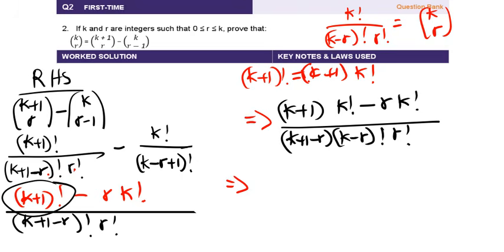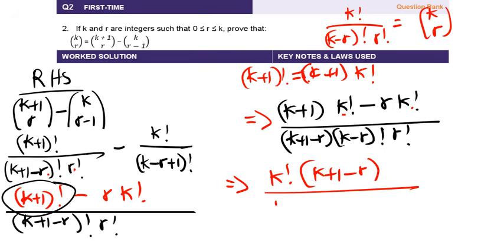The top part I can factor out k factorial because I want k factorial to appear on top and I want k minus r down as factorial and r factorial. So if I factor out k factorial, I remove this and I remain with k plus 1 minus r. Here down, there is nothing to factor out. We just have k plus 1 minus r, then k minus r factorial times r factorial.